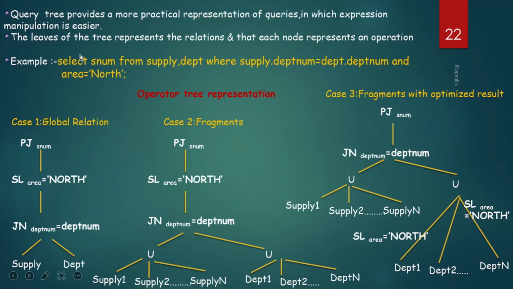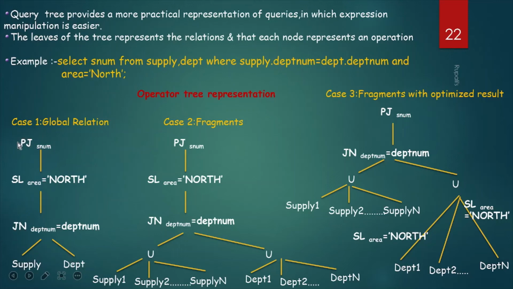Take one query: select sname from supply, department where supply.department name equals department.department name and area equals north. Two relations are there, supply and department, joined by department name. Then select area equals north, and then project sname. So here the global relations are supply and department.